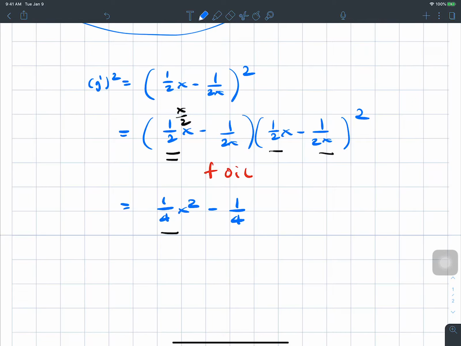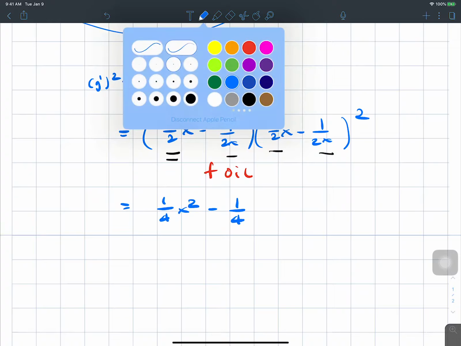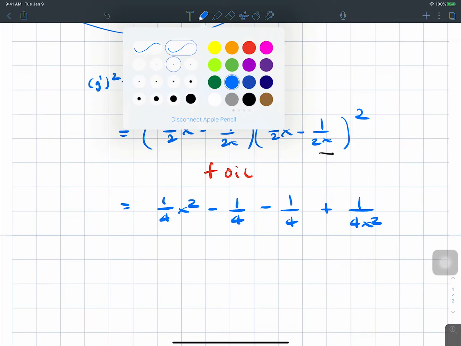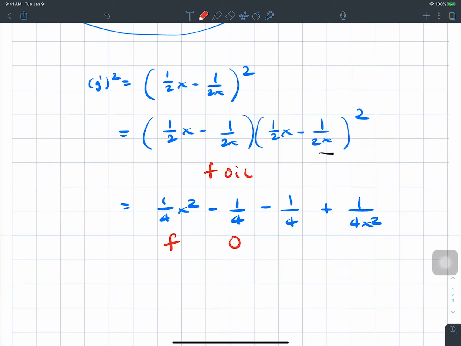The inner terms, these terms here, we're going to get another minus 1/4. And then the last terms, we get 1 over 4x squared. So let me just clean it up, and remind you all that we have first, outer, inner, last by FOIL.